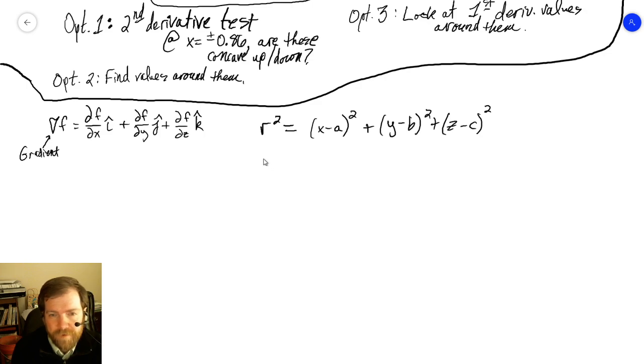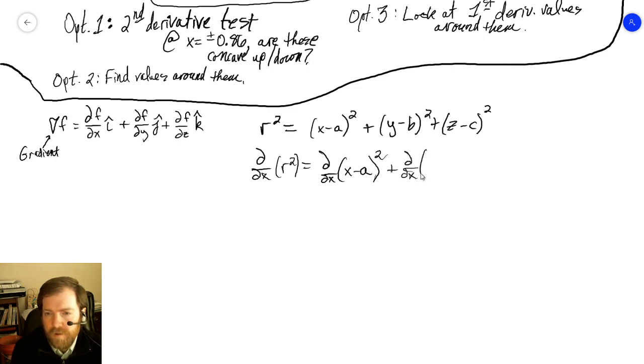All right. ddx of r squared equals ddx of x minus a squared plus ddx of any function of y and z, doesn't even matter what it is, this is just going to be 0.